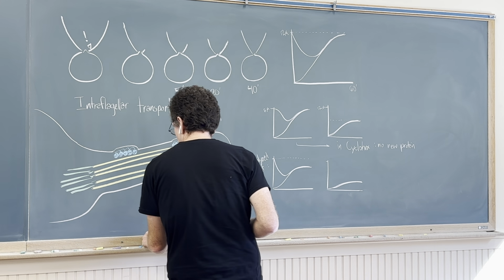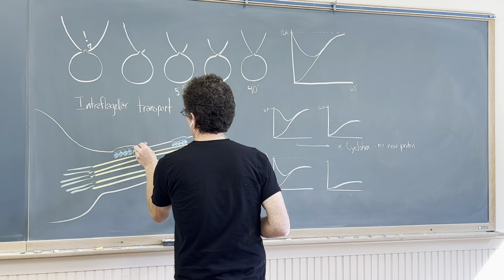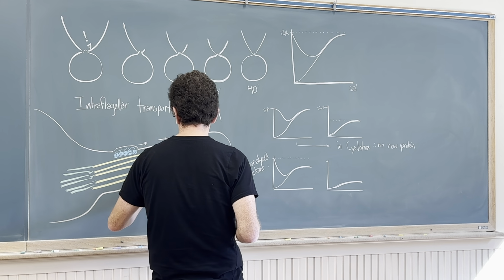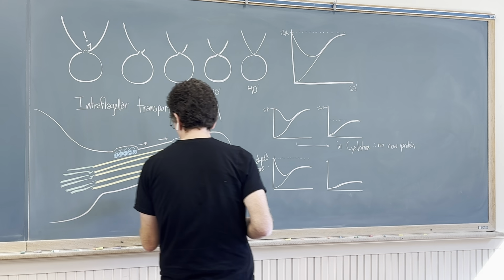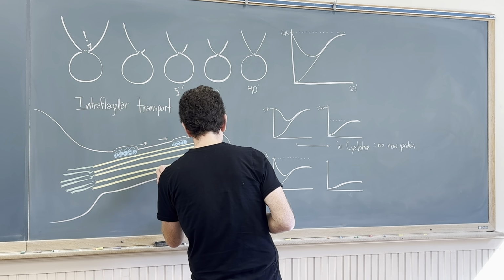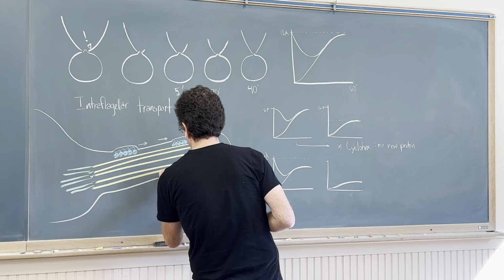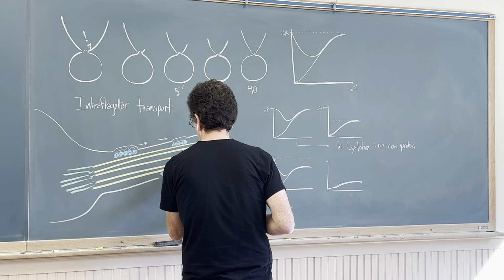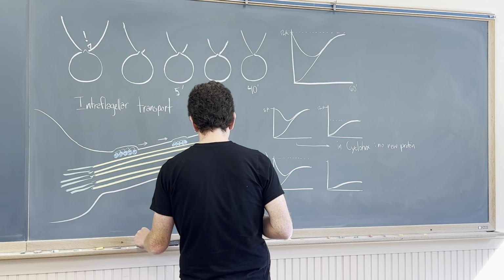Whatever he saw, if it was moving this way, it kept moving that way. And if it was moving this way, down toward the base of the cilium, it kept moving that way. These trains were slightly distinctive in a few other ways.